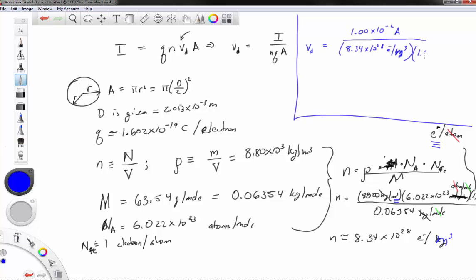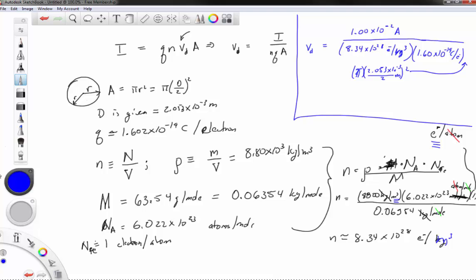And then that should be times the charge of an electron, 1.60 by 10 to the minus 19 coulombs per electron. And then we also have to multiply by the area, which is basically going to be pi times 2.053 by 10 to the minus 3 divided by 2 quantity squared. So we got to throw all that into our calculator, and this right here is meters.